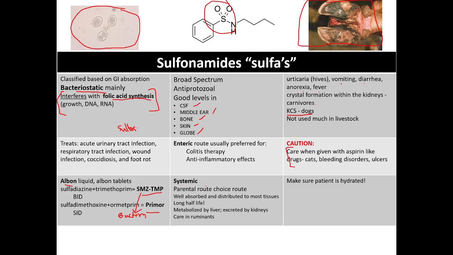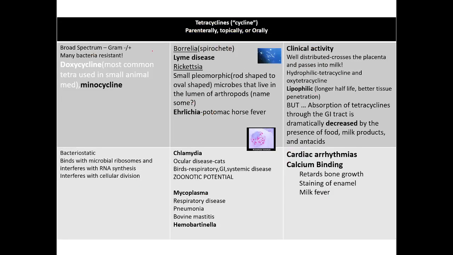So when we give it systemically, we do want to give it parenterally, so inject it. If you can, it is metabolized by the liver, excreted by the kidneys. Do have to be careful when we use it in ruminants because of withdrawal times. And we also want to make sure that that patient is well hydrated when we give it.